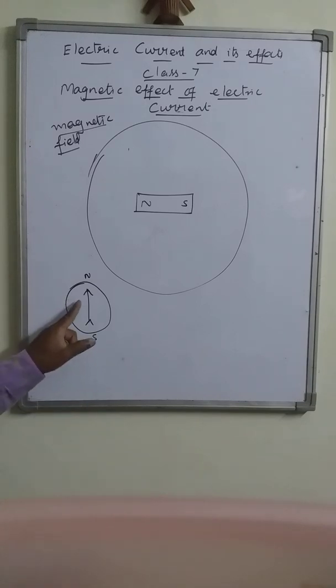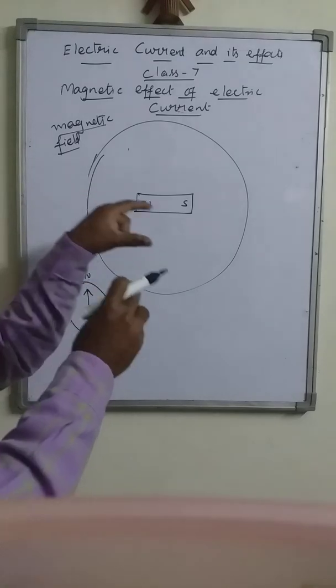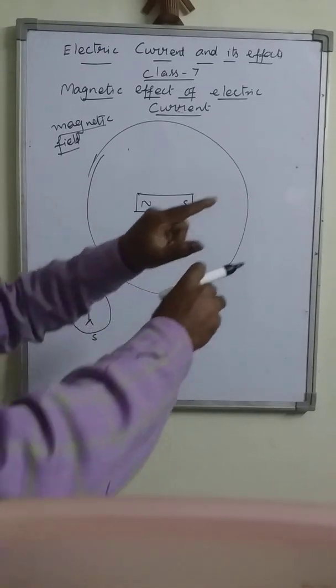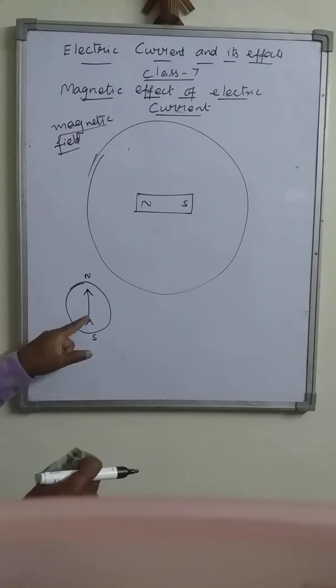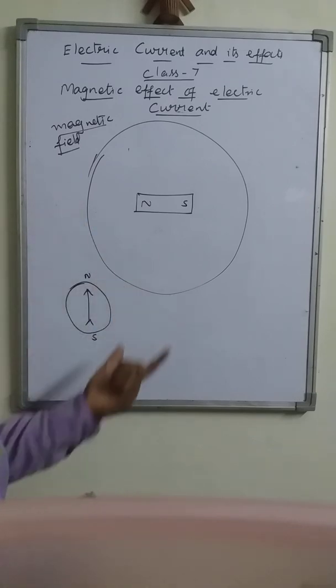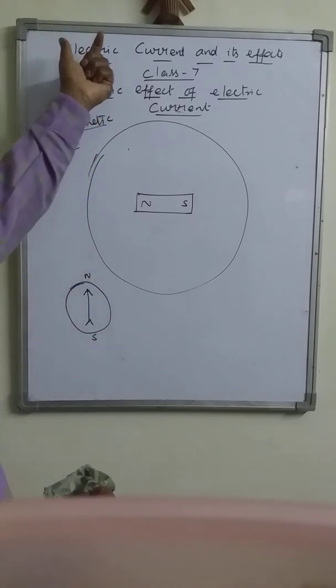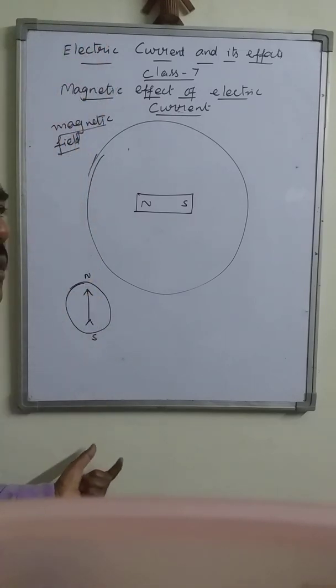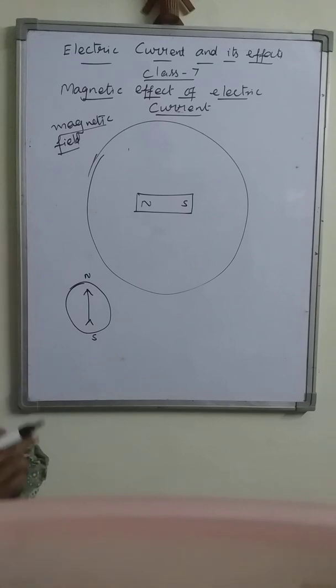When this needle is placed at a point where no bar magnet is around it, away from all magnets and magnetic material, then it aligns along the north and south of Earth.